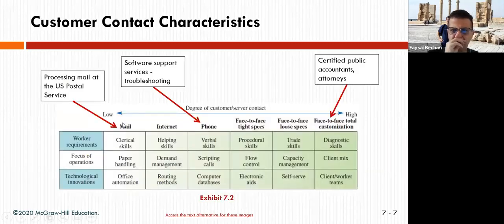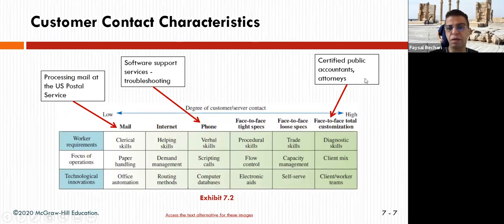Now, this is another way of looking at it. For example, processing mail at the U.S. Postal Service requires clerical skills, paper handling, and office automation. Then you have the phone, such as a software support service or troubleshooting, which requires verbal skills, scripting, and a computer database.